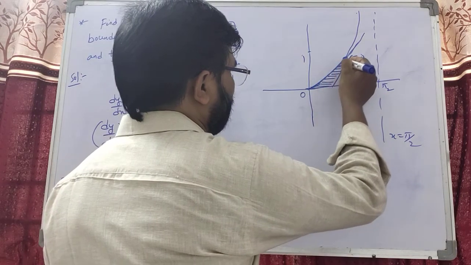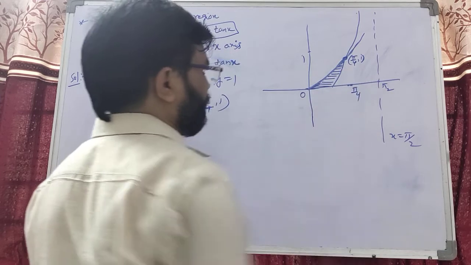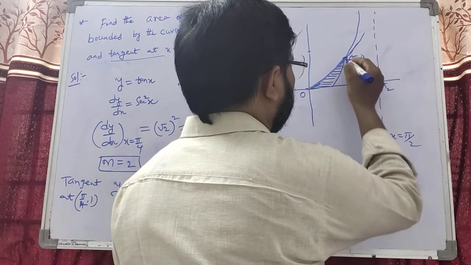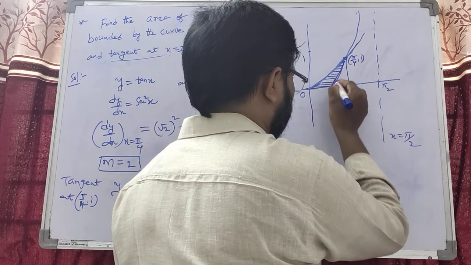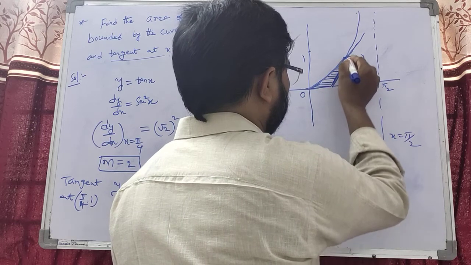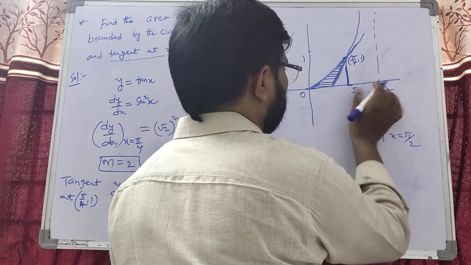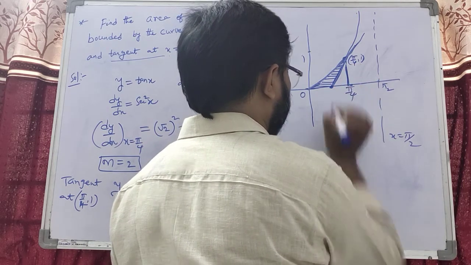When we find this, this is the total area. So this is the tan x graph. Just you can draw it here. This is the line segment. This is not a curve. This is the tangent, students. This is the line. Everybody knows that this is pi by 4, students. What is the point here, students?